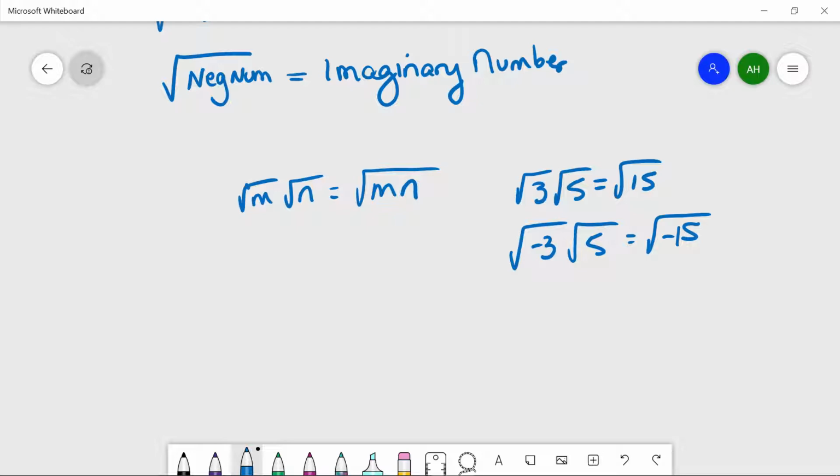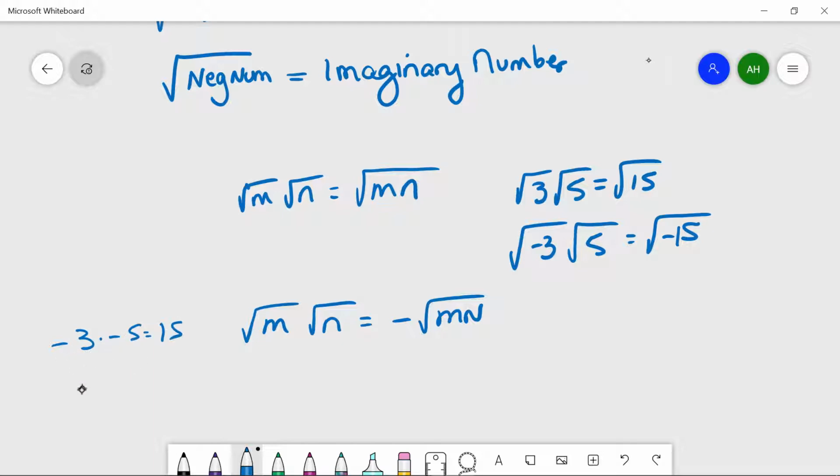So let's look at this. What this is saying then, if m and n are both negative real numbers, I'm going to have the square root of m times the square root of n equals the opposite of the square root of mn. Because think about it, if I had negative 3 times negative 5, I'm going to get positive 15.